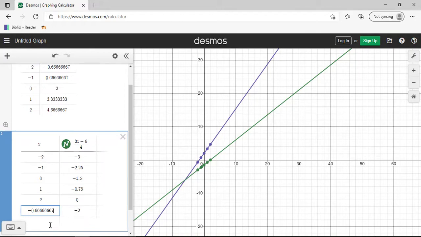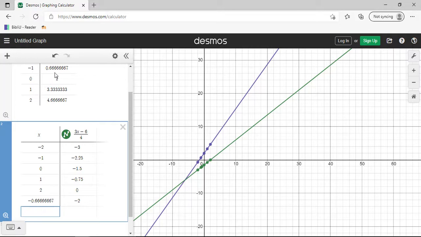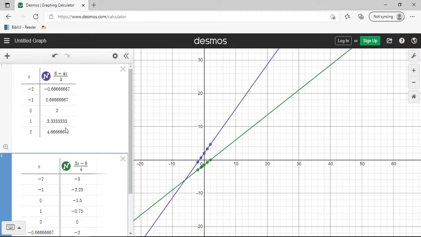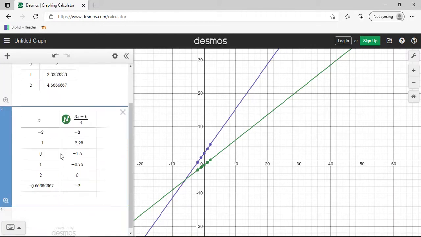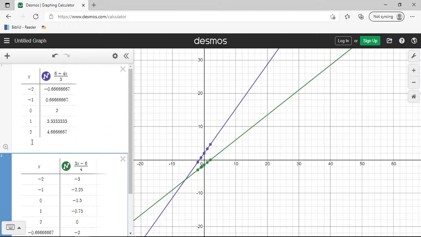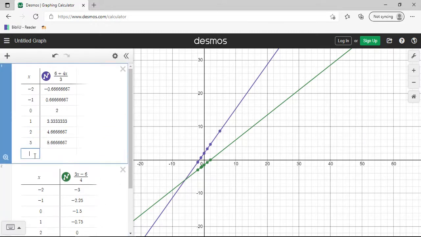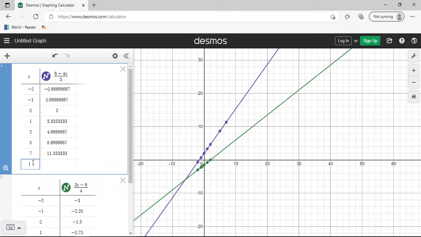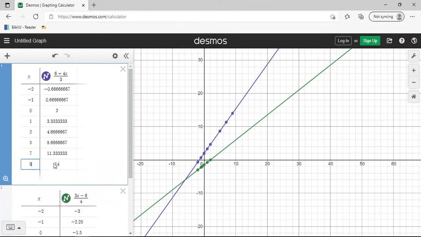Or we could do this. We could put, you have 2, 0. Y became x, x became y. And then let's try another number here. Let's do 5, 7. All right, let's do 9.